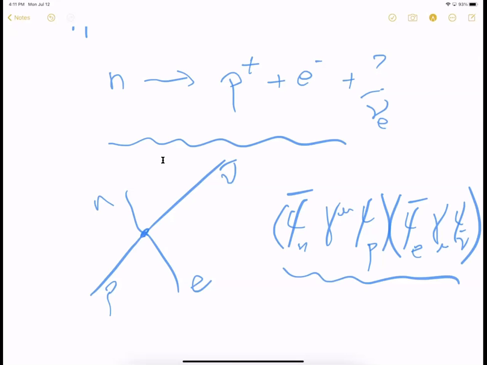That actually is a pretty good description of the low energy weak interaction. But it turns out that the cross section goes up like the square of the energy or something, and that does not agree at higher energies. And so a different model of the weak interaction was needed.